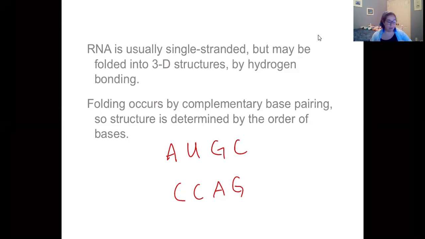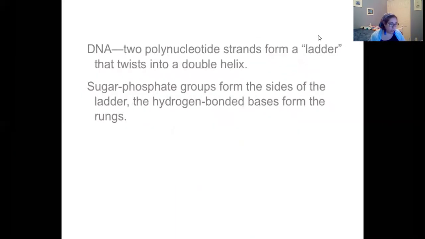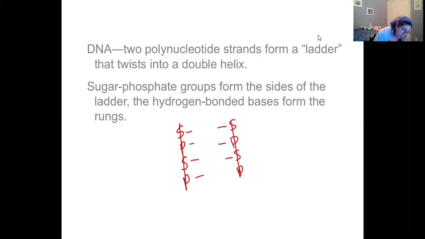DNA is considered that double ladder, that twisted helix, and those sugar phosphate groups form the backbone. So here is my sugar phosphate group, and then those nitrogenous bases would be in between, sugar, phosphate, and then in the middle of the ladder, what we call the rungs of the ladder, this is where those nitrogenous bases would be.